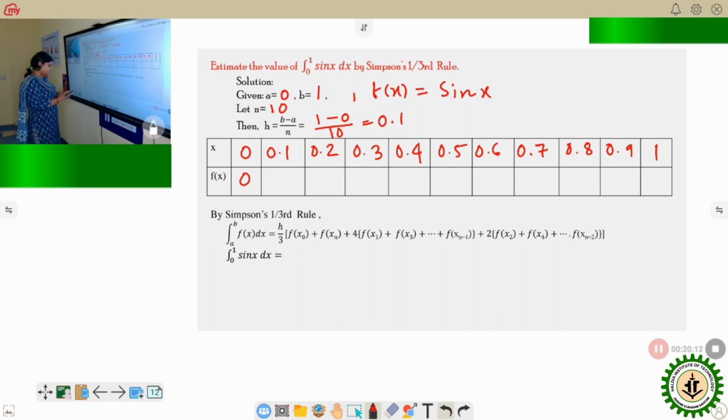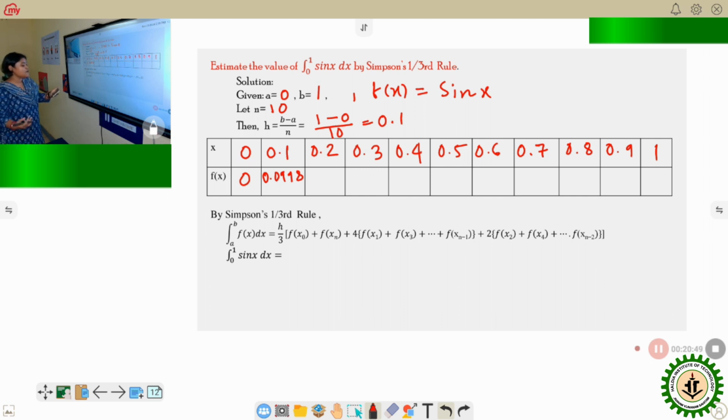It is 0.0998. I'm taking up to 4 decimal places.